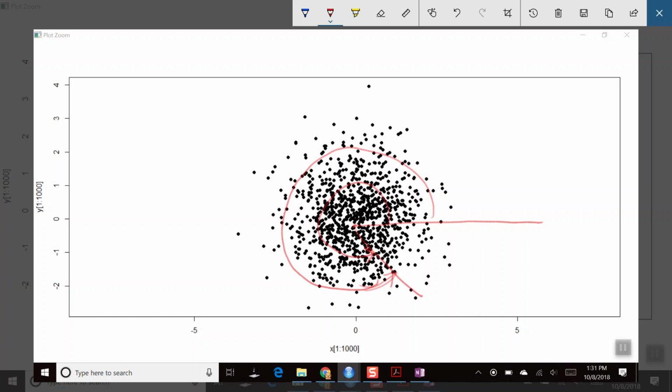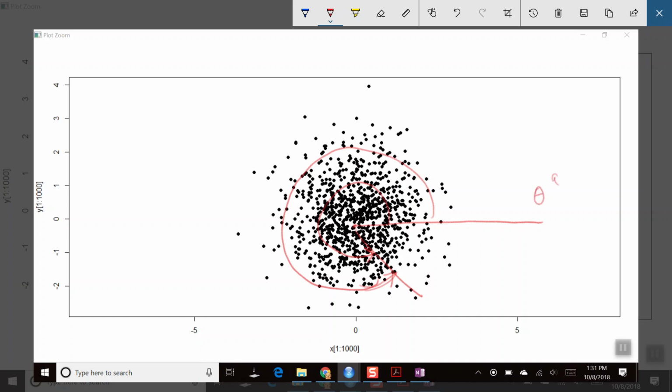Okay, so every angle is equally likely. Okay, all values, all angles from 0 to 2 pi are equally likely. Okay, and so this is going to be kind of our distribution of theta.